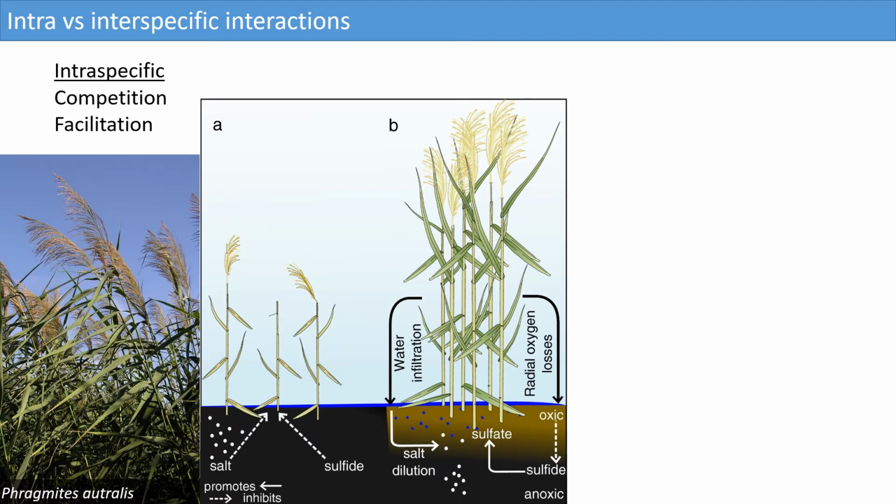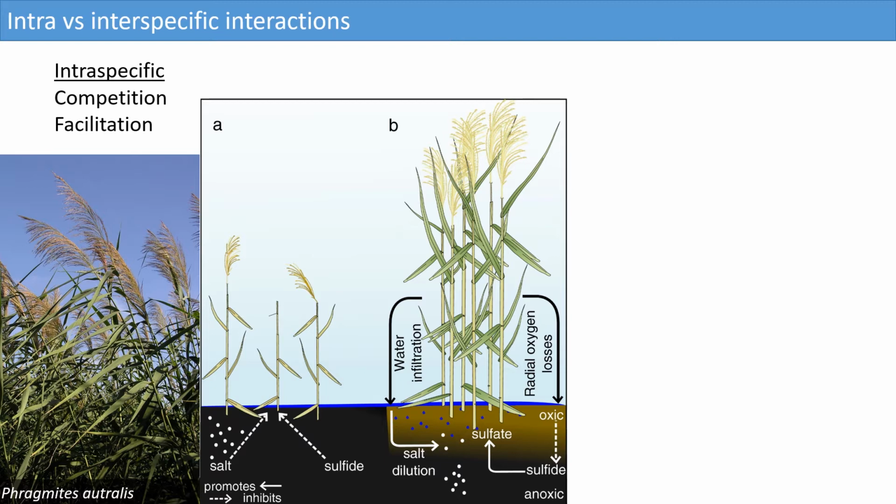At very low densities, the plants are exposed to quite high levels of salinity and sulfides present in the marsh water, which inhibits the growth of individual plants. However, at high densities, they manage to create a microenvironment in which the salt in the soil is diluted and the amount of sulfides in the soil is also reduced, which generally creates a better environment for their growth.